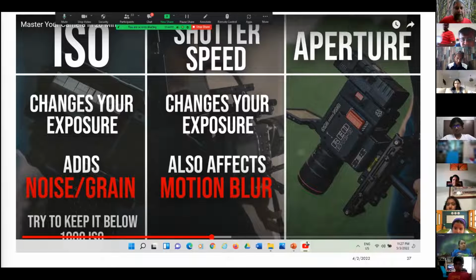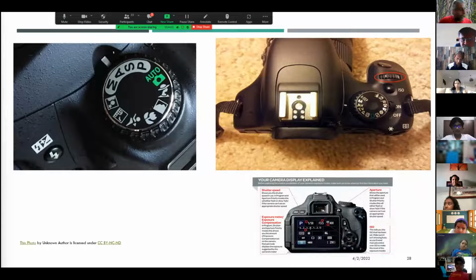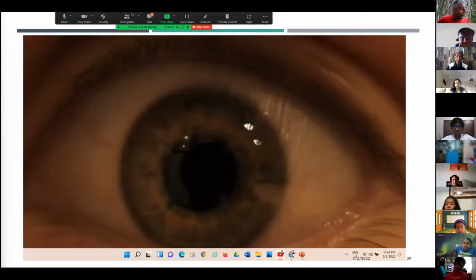Now, the aperture is denoted in a Nikon by this symbol called A. A for Nikon and AV on a dial for Canon. So that's what the aperture is denoted in these two models. It's like your human eye, the aperture in a lens, okay?